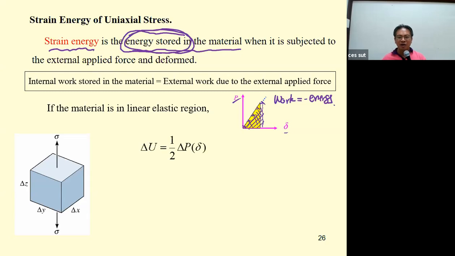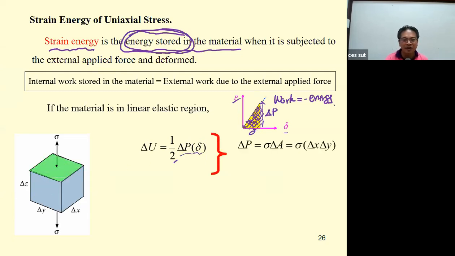Okay, so when you consider this one as the energy stored in the material, the area here is going to be 1/2 of this one, which is delta P, times this one, which is delta. So you have this equation from the area.